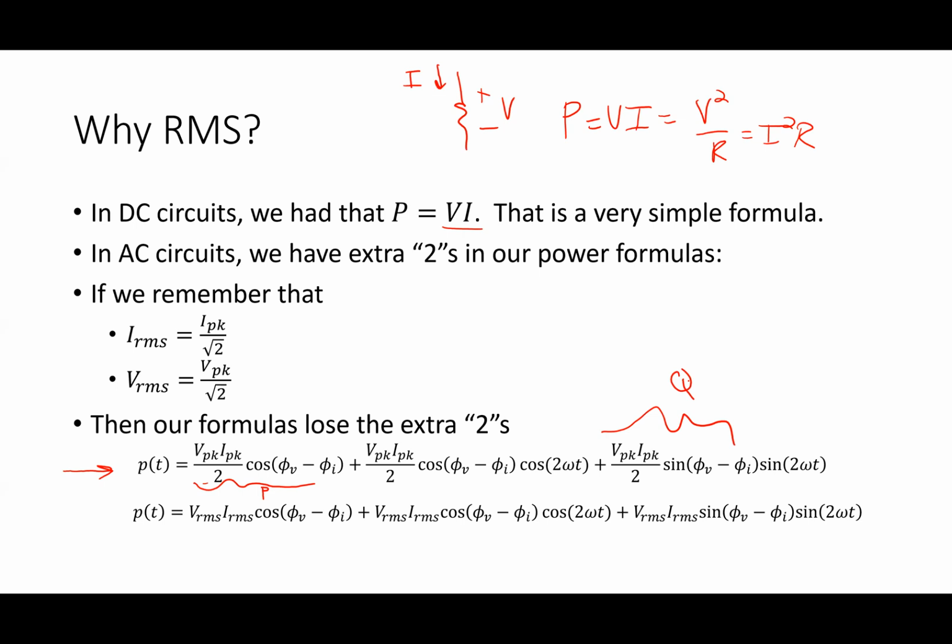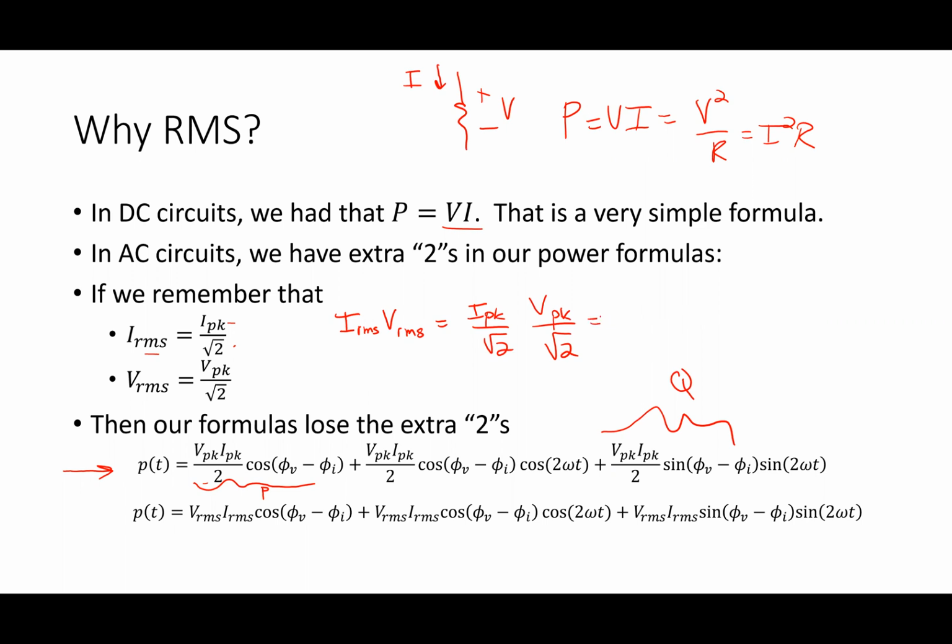If I know that the RMS value is the peak divided by the square root of 2, one of the things that we see from that is, if I did I RMS times V RMS, that's the same as I peak divided by root 2 times V peak divided by root 2.